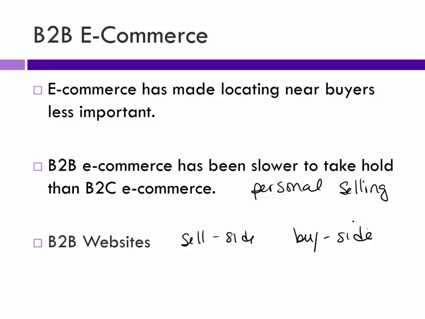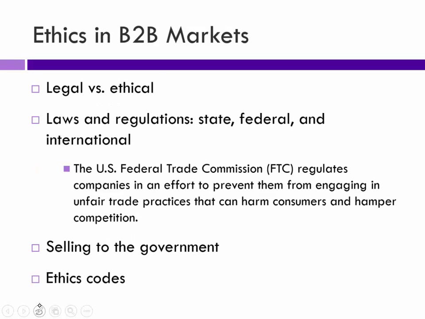A buy side, we have lots of different multiple sellers going there to do what they want. Business to business exchanges, and they have examples of these in the book. Auctions, reverse auctions, that kind of stuff. So they have examples of those in the book, but there are a lot of different types. Not all of them do the same things.